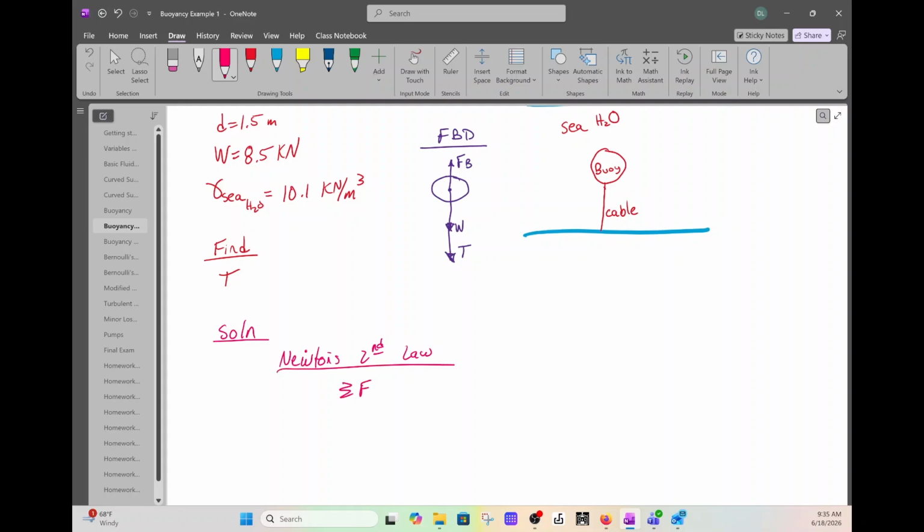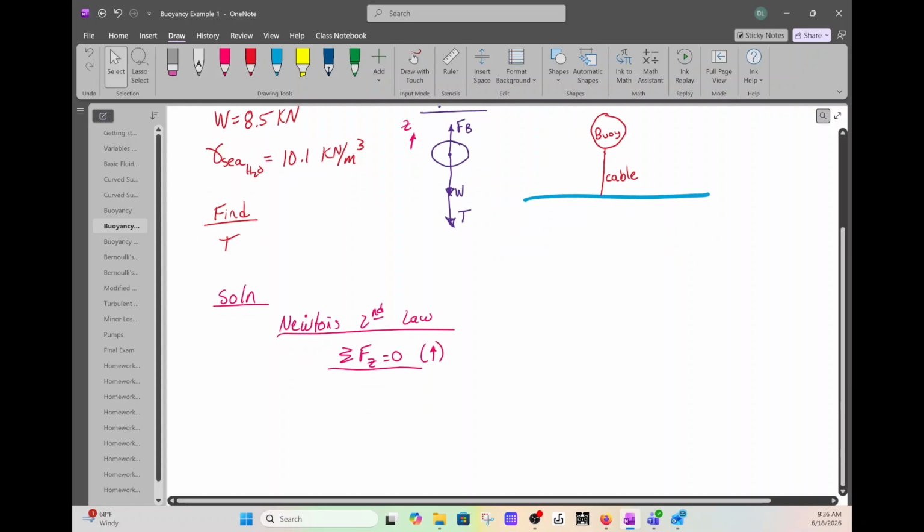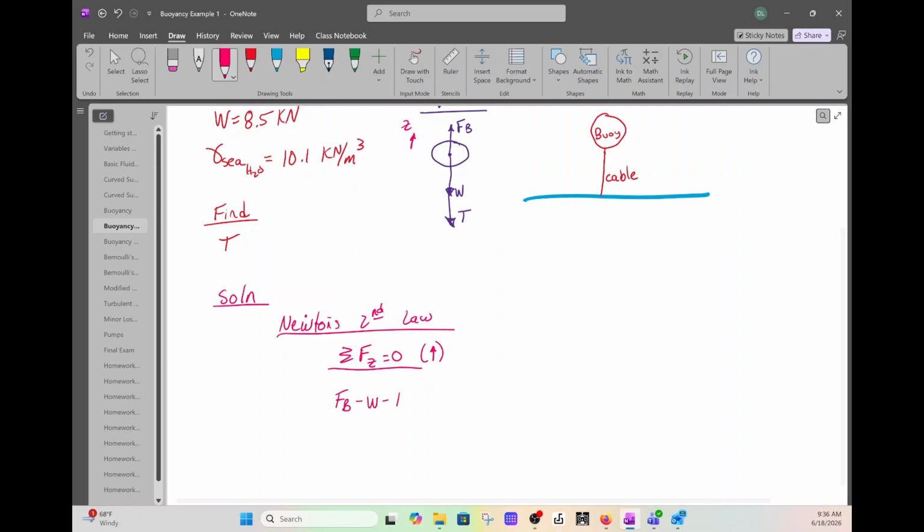Sum of the forces, let's call this the z direction, and let's go upward. Sum of forces in z equals 0. We'll make upward positive. We have force of buoyancy minus weight minus the tension equals 0. The tension would equal the buoyancy minus the weight.